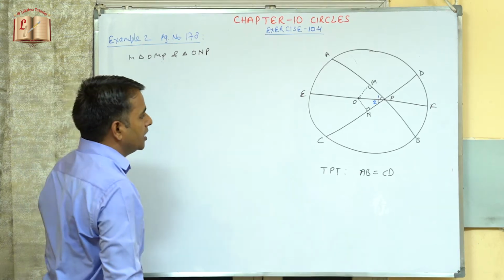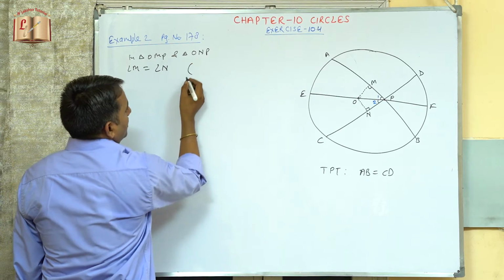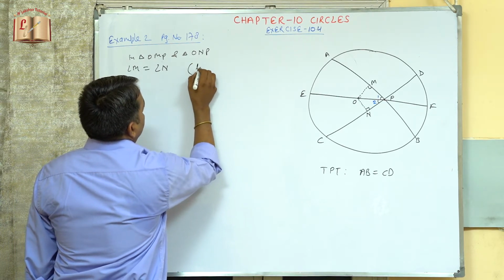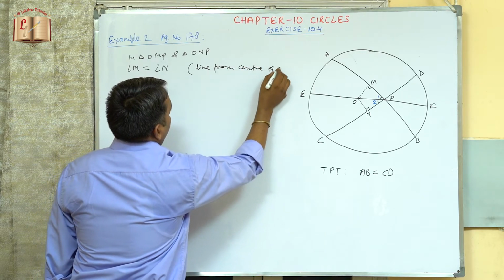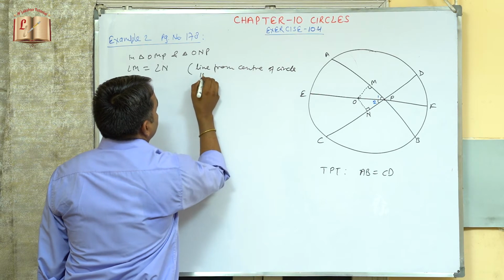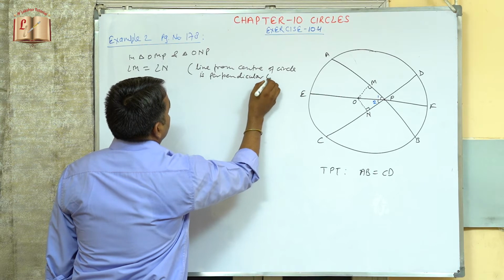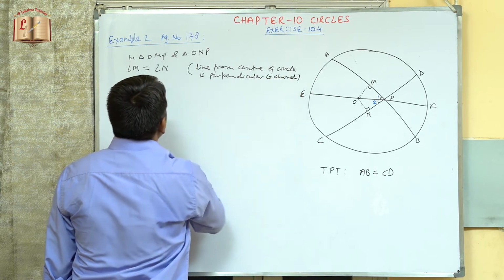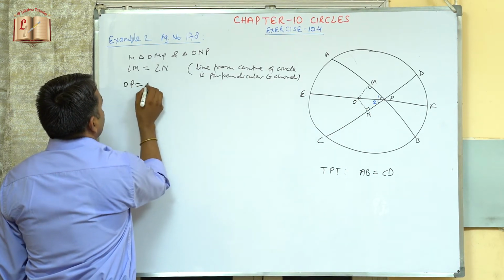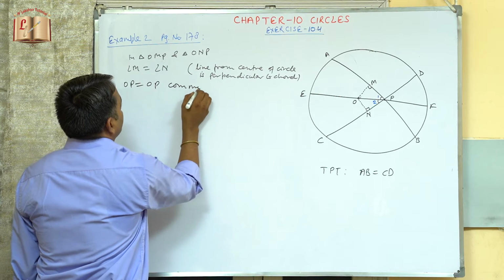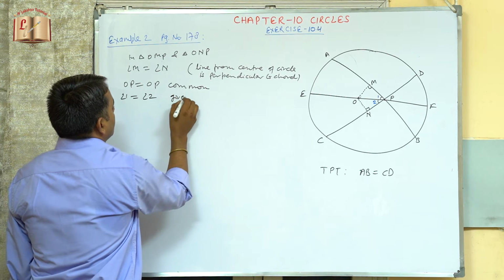Now angle M is equal to angle N, because a line from the center of the circle is perpendicular to the chord, and OP is equal to OP, this is common, and angle 1 is equal to angle 2, this is already given to us.